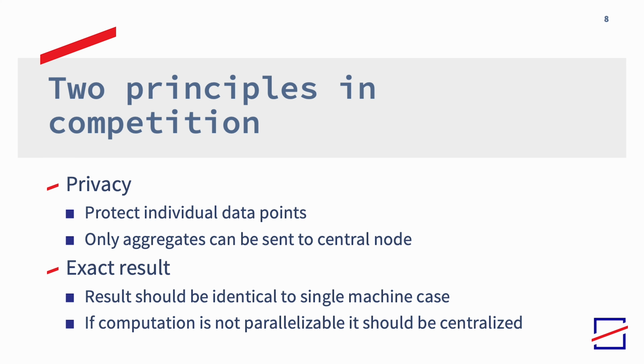However, once the algorithms are designed with this condition, so the aggregate condition, then some more advanced techniques covered in other talks like secure multi-party computation and differential privacy can be added on top of the existing implementation, and which provide a true privacy guarantee.